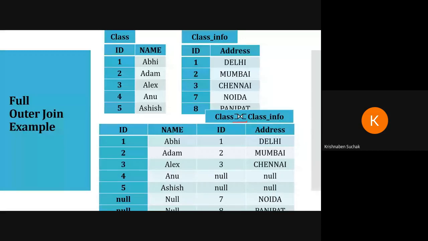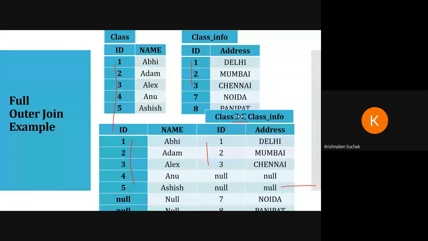It will display 1 to 5 because we have 1 to 5 here. Then it will take data of 1 to 3 because we have data for 1 to 3: Delhi, Mumbai and Chennai. But we do not have data for 4 and 5, that is Anu and Ashish, so we keep null in those tuples.